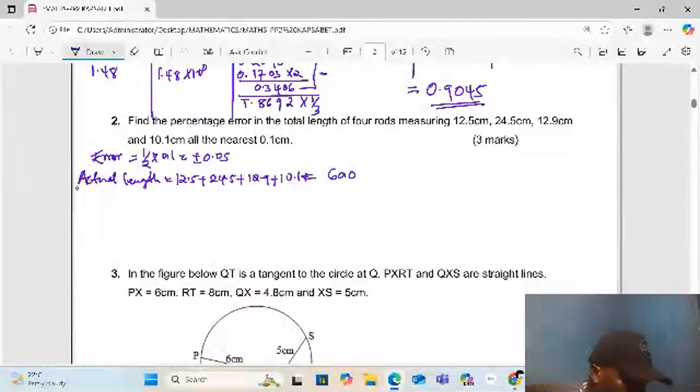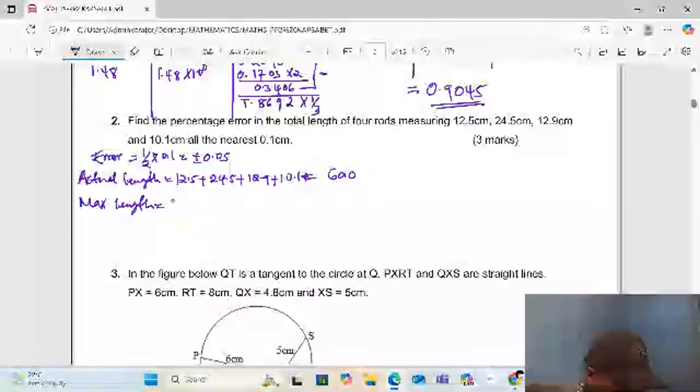Then we look for the maximum length, whereby in each you add the 0.05. So the maximum length, we start with 12.5 plus 0.05, we get 12.55.